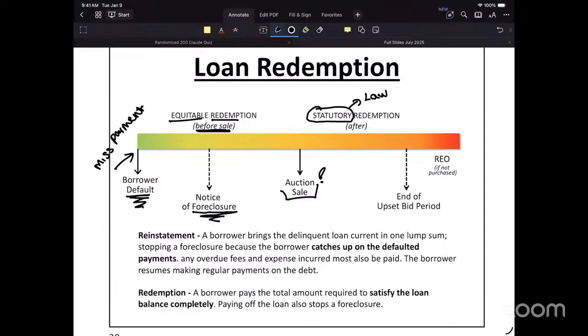That's the statutory right of redemption. But what I really want to show you is that the E comes before the S. In the timeline, E comes before S, the same way it does in the alphabet. I don't know if that helps you, but there you go.